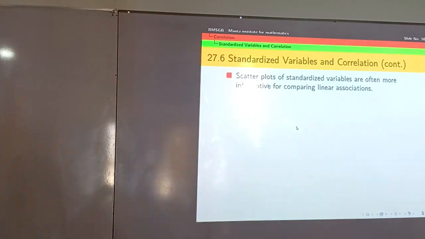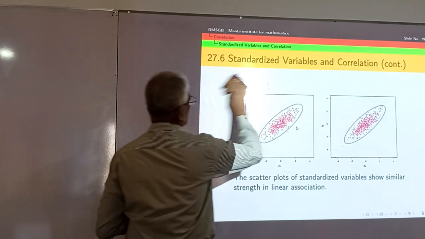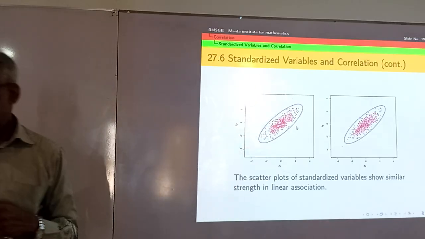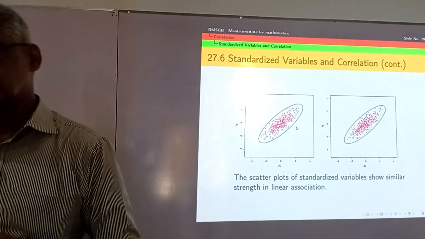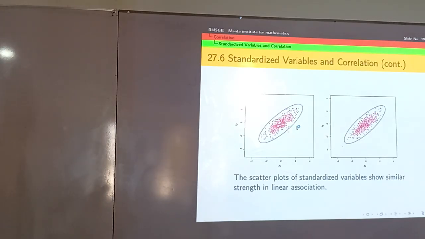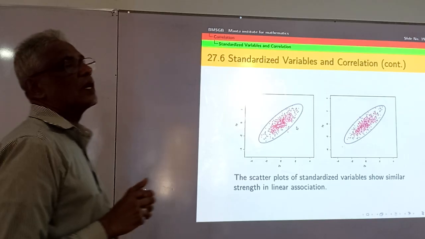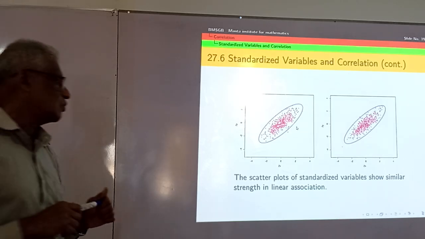If you plot zy versus zx for those two situations, you will have these two graphs. Right. So it clearly shows that they have the same correlation. Therefore the correlation coefficient actually measures or shows the association in terms of standardized values, not in terms of the actual or absolute values.